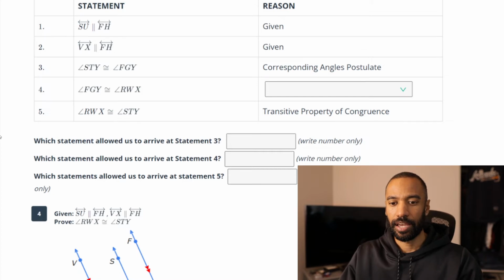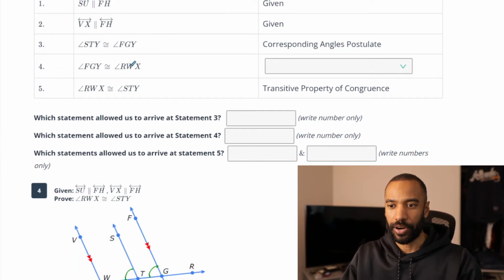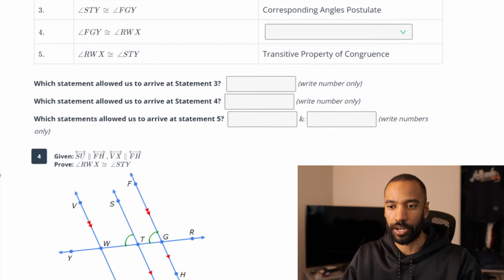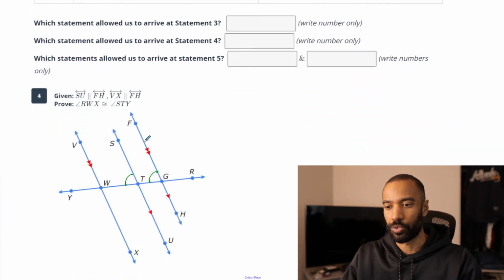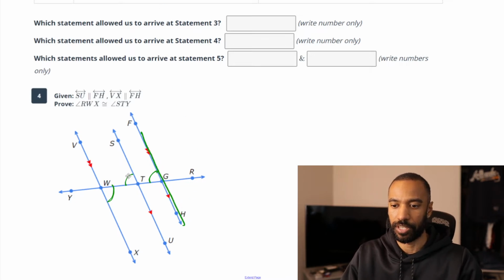Now remember, FGY is neither STY nor RWX, which show up in the proof, but it relates to both of them. Let's see what FGY and RWX do with each other. They are congruent because FGY, where's RWX? Right here, because, hey, these are alternate interior angles. So you're going to actually have to hide and ignore this other one for a moment.